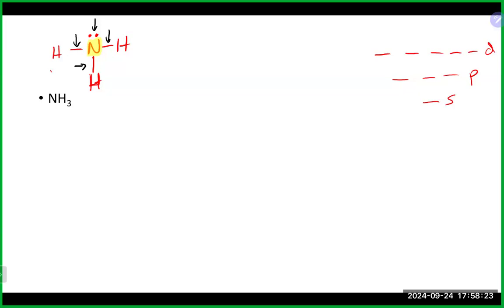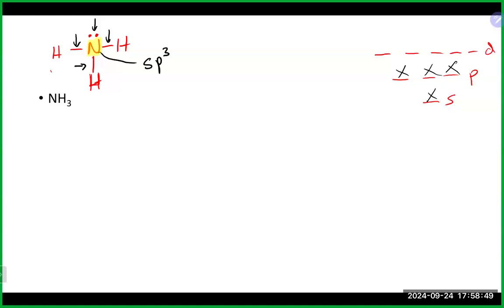So if I want to apply the hybridization to nitrogen, I do it exactly like this. I start with S and I just make some X's. So 1, 2, 3, and 4. I use what orbitals there? An S and how many P's? 3. This hybridization is sp3 hybridized. That's how you can do hybridization and pick it out correctly. So the nitrogen in this case is going to hybridize as sp3.